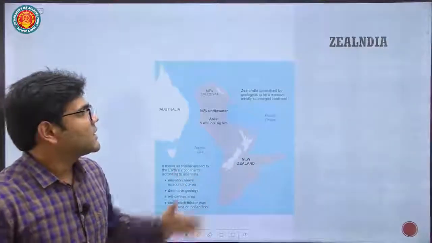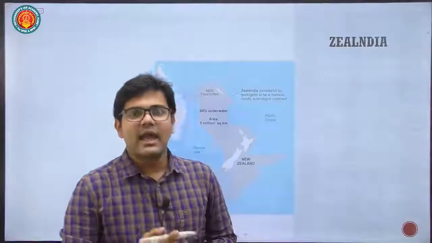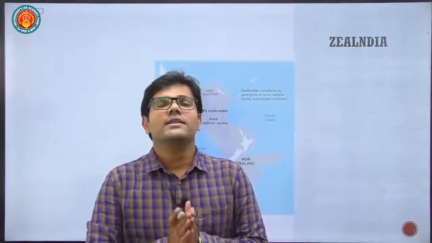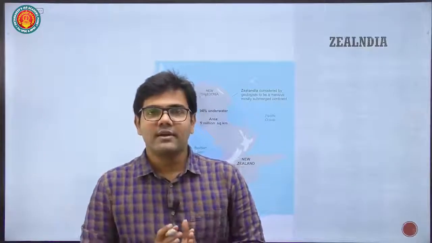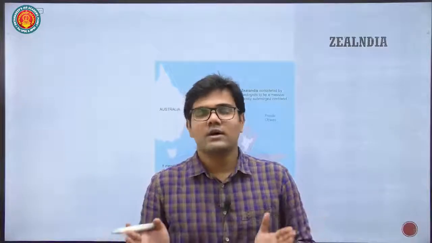Next, the concept of Zealandia. Recently, in the year 2015-2016, a new study was conducted around the New Zealand region, and the scientists found that there is a different landmass apart from Australia. It's called Zealandia. 94% of that continent has been submerged under water.